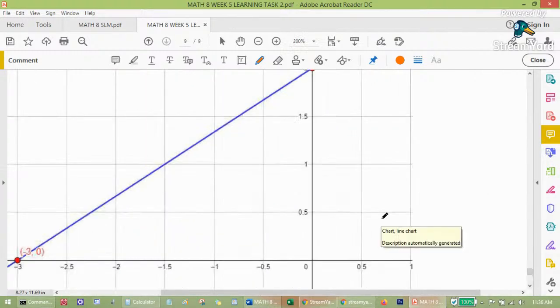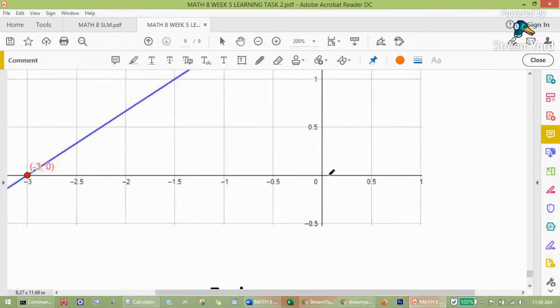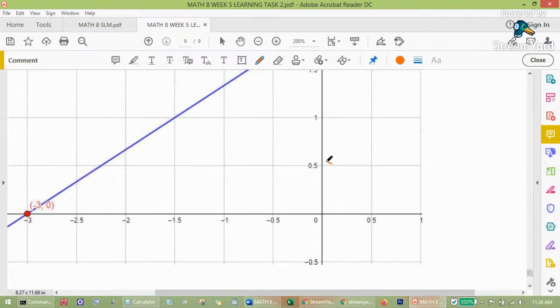By the way, dito naman sa graph table na to, the values are increasing. The length of each unit is by 0.5. So 0, pag umakyat tayo is positive 0.5.